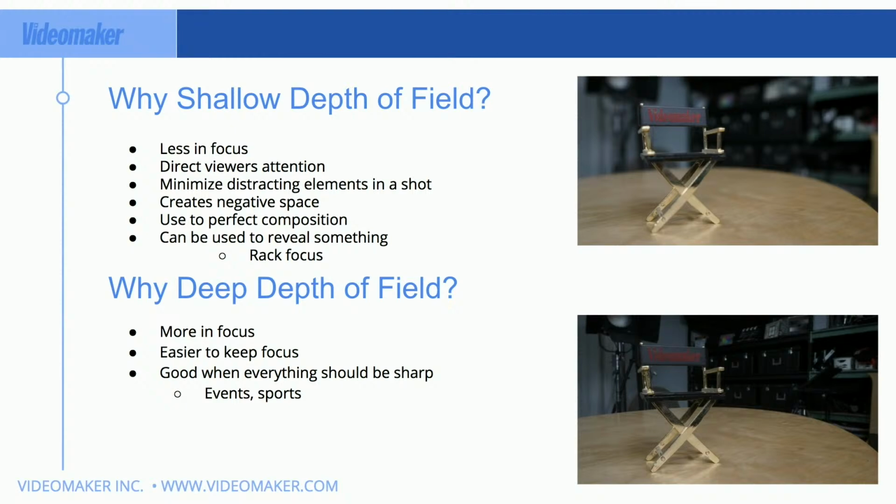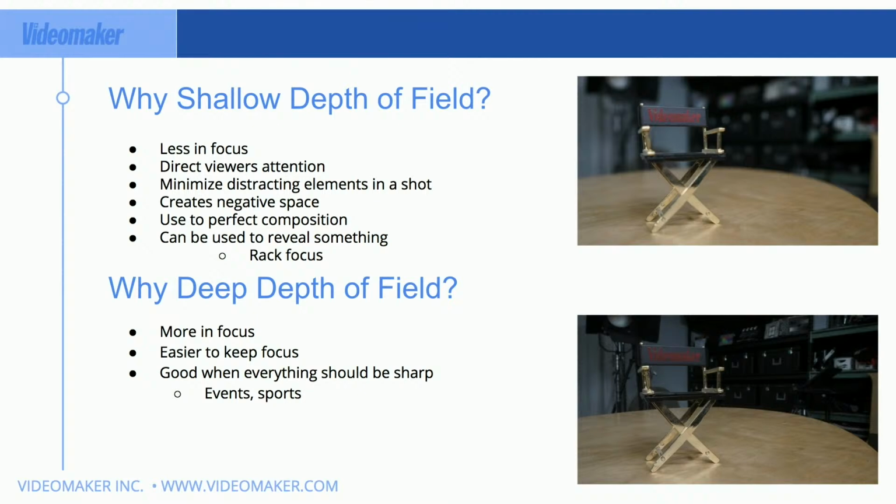How I answered that was, we'll just make sure it's blurry in the background. That was really helpful because you couldn't tell the mess, since it was so blurred from the shallow depth of field. One of the big things you might not think about is that the negative space created by the blurred background is really great for graphics, or just for creating negative space so you can put other things in.